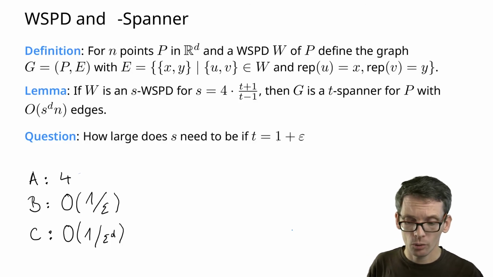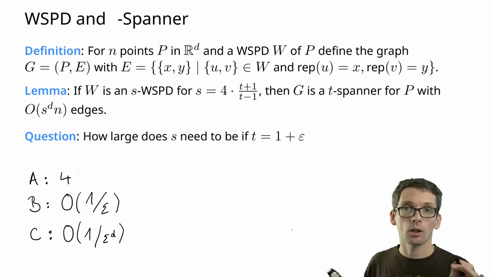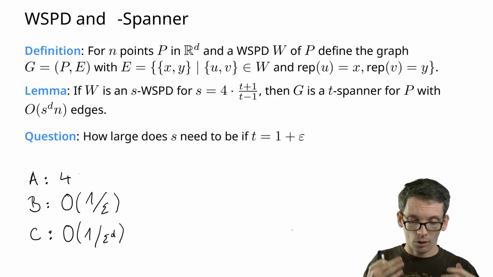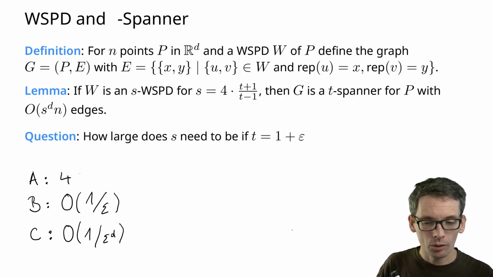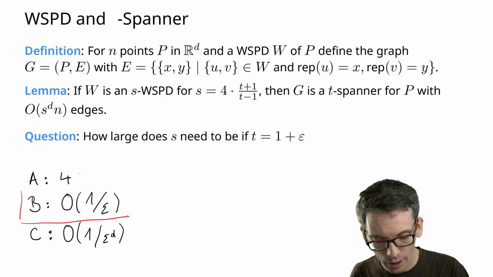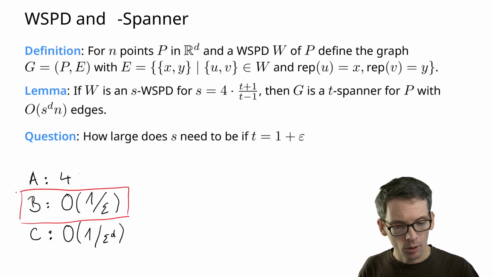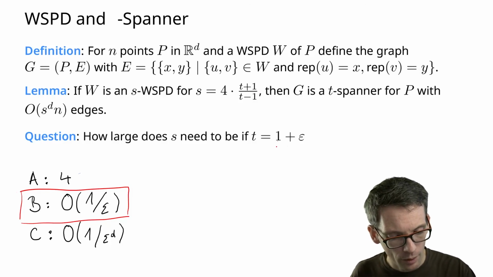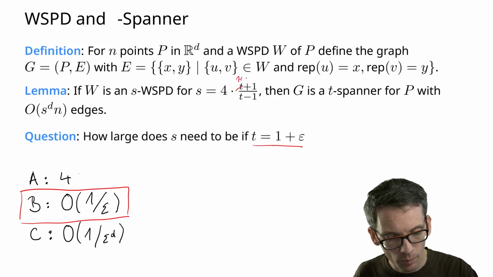So how do I need to choose s for this? Do I need to choose it as a constant, specifically 4? Do I need to choose it of order 1 divided by epsilon, or of order 1 divided by epsilon to the d? What I need to do is set s to something of order 1 divided by epsilon, because if I plug in this t up here, this gives me 1 plus epsilon.